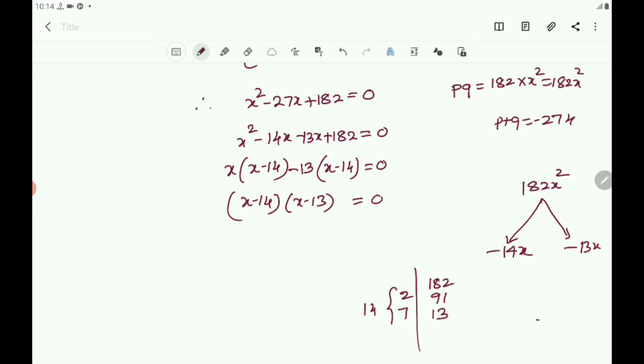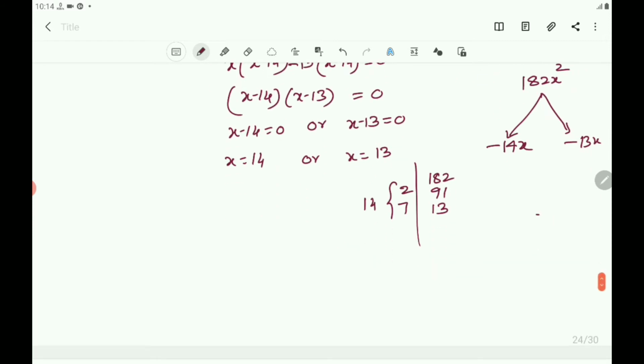And equate each factor to 0. x minus 14 equals 0 or x minus 13 equals 0. Then you will get here x equals 0 plus 14 is 14, or x equals 0 plus 13 is 13. Therefore, here the roots are 14 and 13. The values of x are 14 or 13.